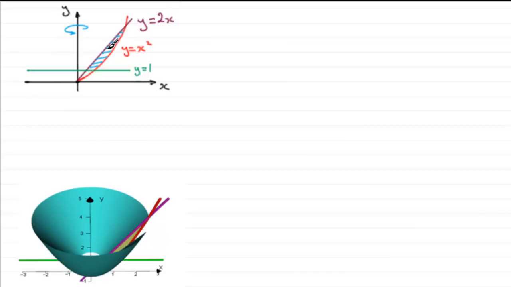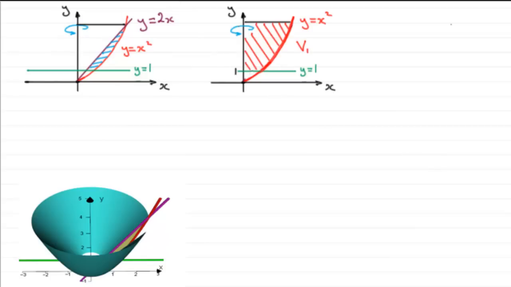So when it comes to working out this volume, we do it in two parts. What we need to do is find out first of all where these two curves intersect, that is y equals x squared and y equals 2x. I'll just draw a line across here. We'll find out where that point is in a moment. But then what I need to do is work out the volume generated by the curve y equals x squared about the y-axis between y equals 1 and this value at the top here.